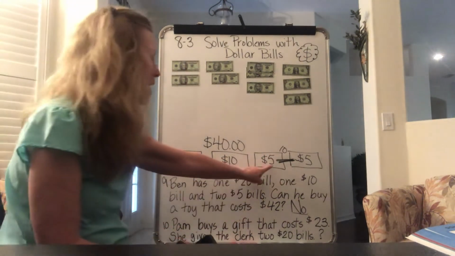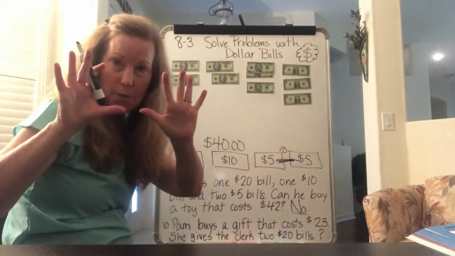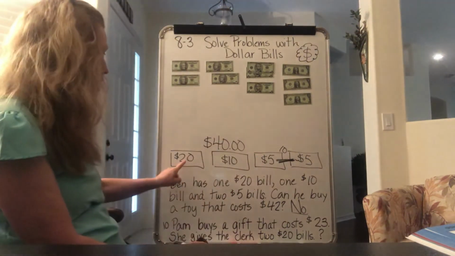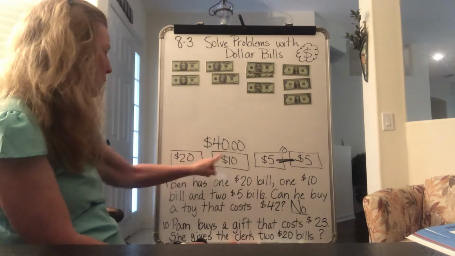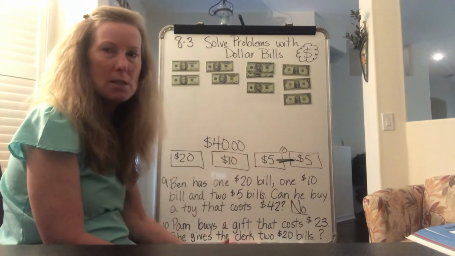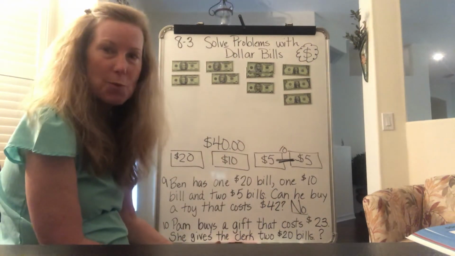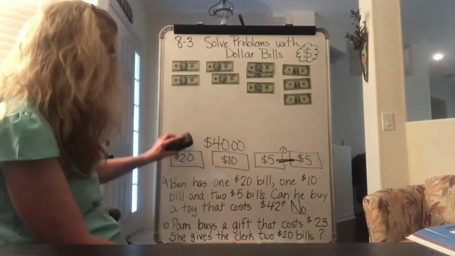Notice how I did that? I joined them together and made that become a 10 because we know that 2 5s makes 10. So now when I count, I go 20, 30, 40. Much easier to count by 10s than by 5s. But it's up to you how you want to count. That's just what I do, okay?